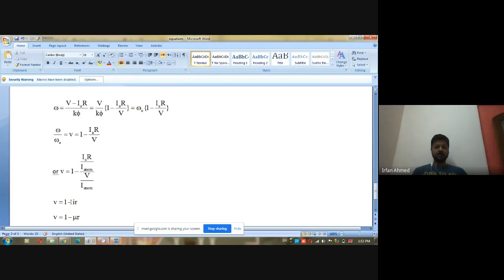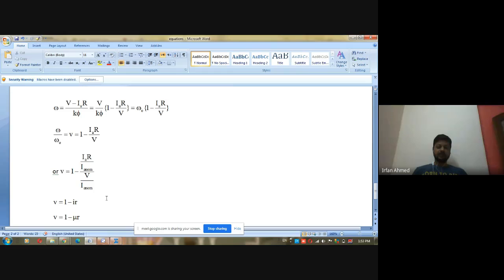Small i is the per unit armature current. Small mu is the per unit torque of the motor. Small r is equal to capital R divided by the nominal resistance of the motor, and that is the resistance in per unit. The nominal resistance of the motor is equal to V upon Ia nominal.